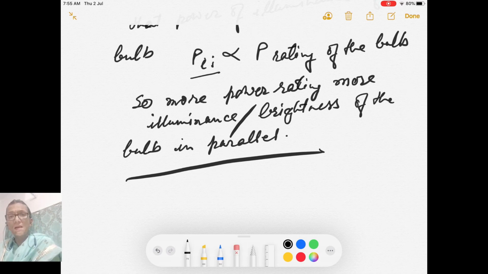So when they are connected in series, you will see that the brightness of the less power rating bulb will be more, and in parallel you will see that the brightness of the higher power rating bulb will be more.